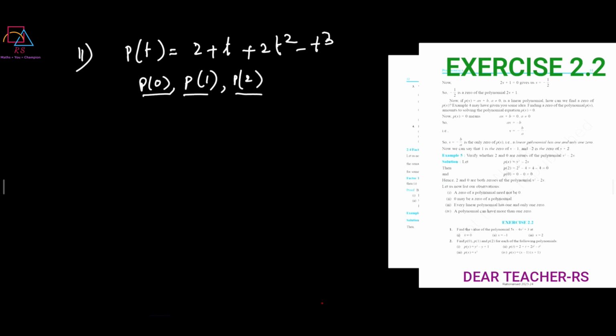So now let me do P0. Polynomial at 0. So a polynomial at t is given. Now in the place of t, 0 is to be substituted. So 2 plus t is there, 0, plus 2 into t square is there, 0 square, minus 0 cube, which is equal to 2.